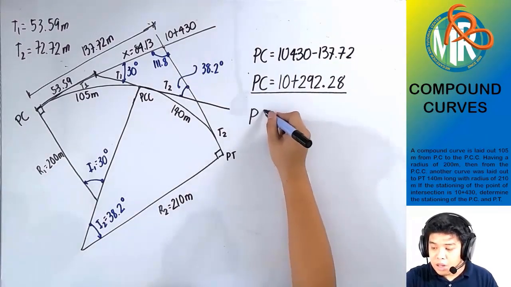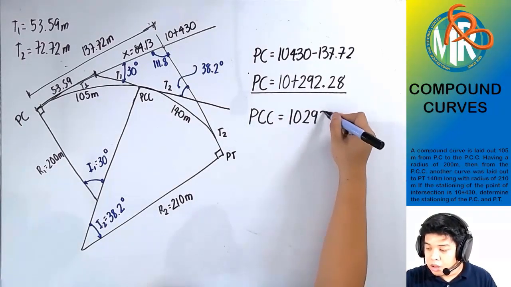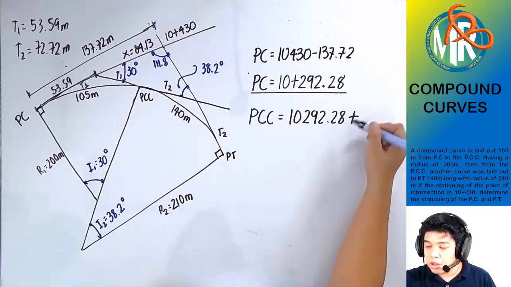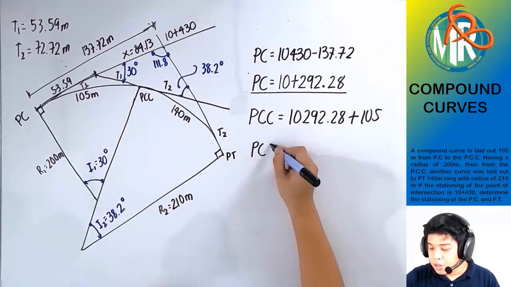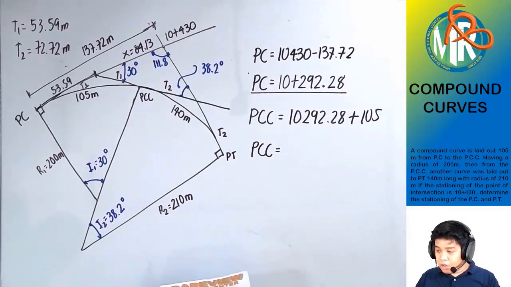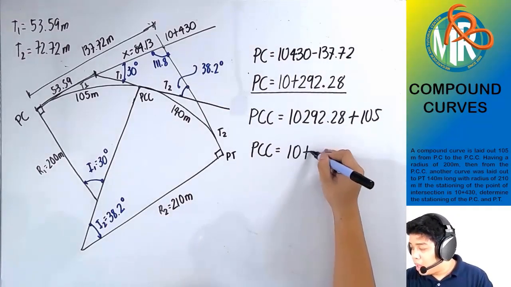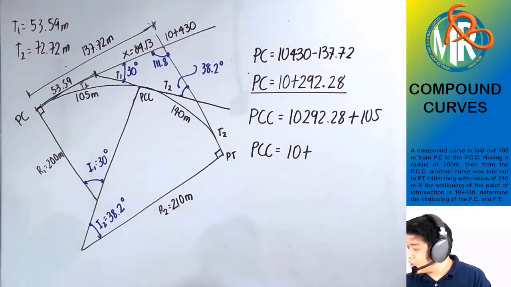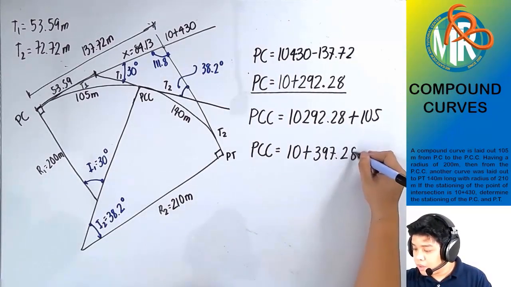Madali na ngayon sa point of compound curve: 10,292.28. I-plus mo lang yung length ng curve 1, which is 105. So therefore, the stationing for PCC is simply 10 plus 292.28 plus 105. You have 10,397.28, so 10 plus 397.28.